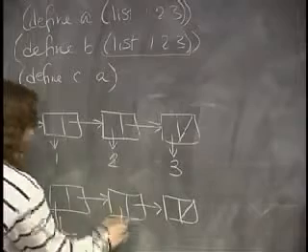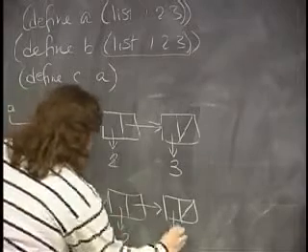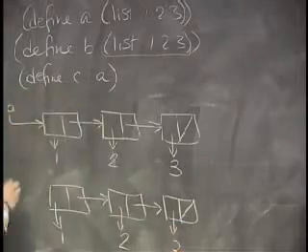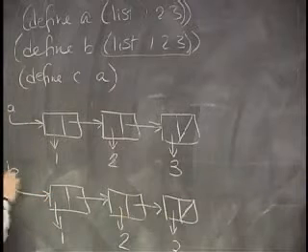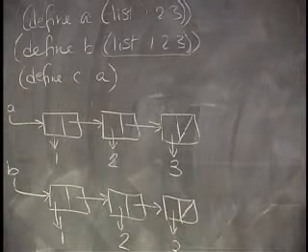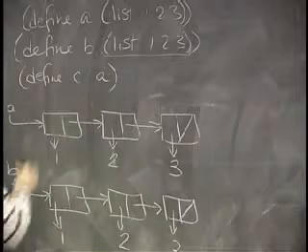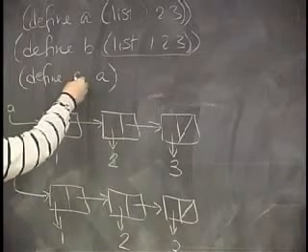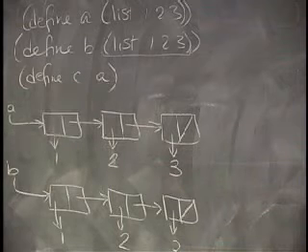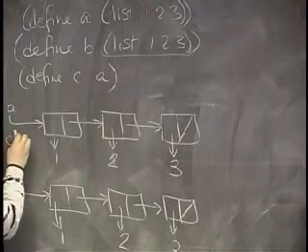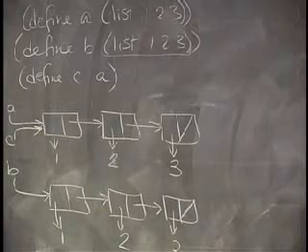But internally in Scheme, these actually are 2 different objects. And B will be bound to that second list 1, 2, 3. Finally, we define C to be A. That's going to make a binding from C to whatever A evaluates to. So we have a binding C also pointing to that first list 1, 2, 3.